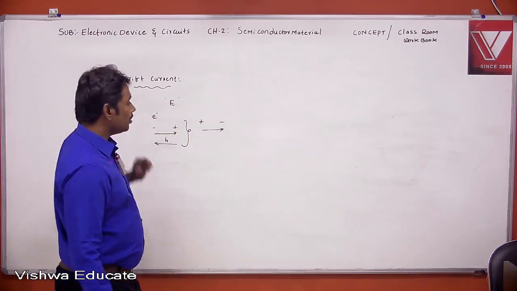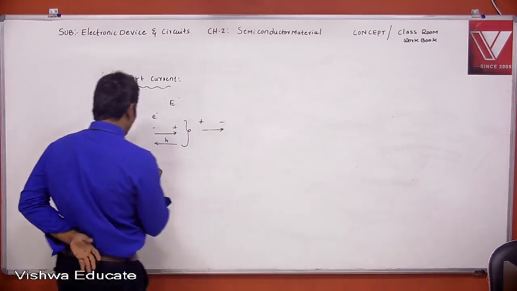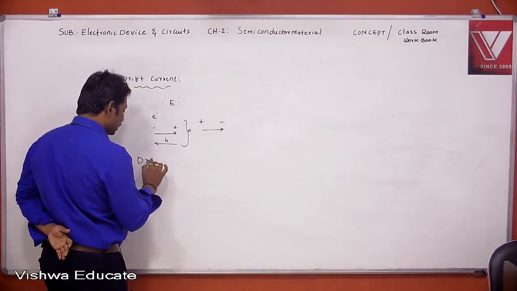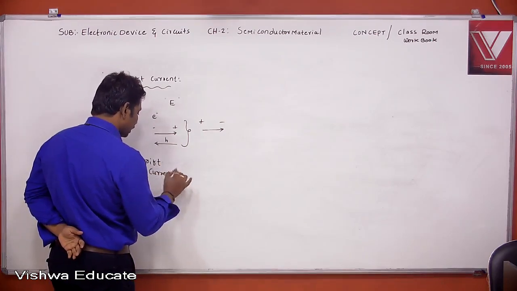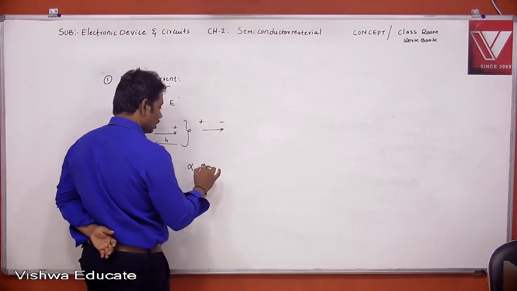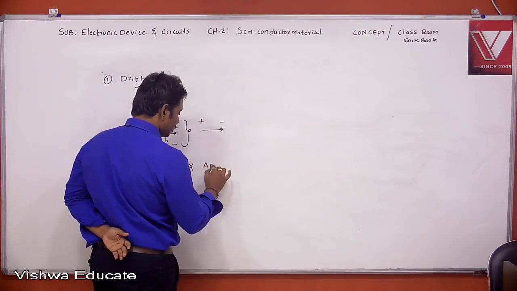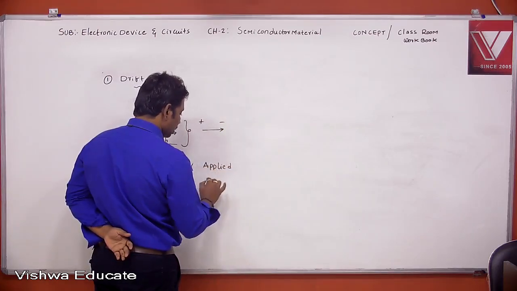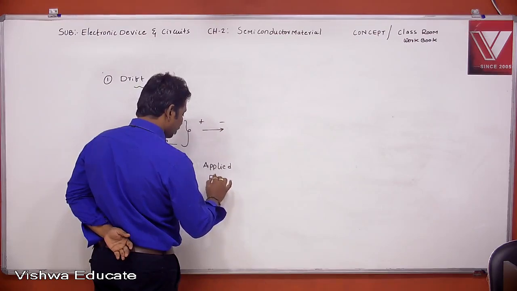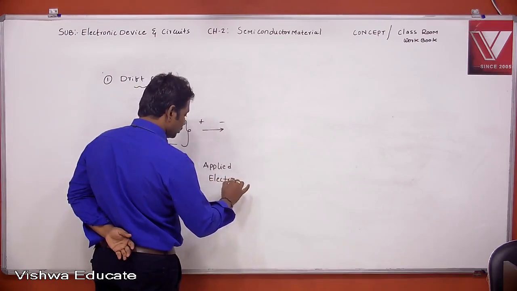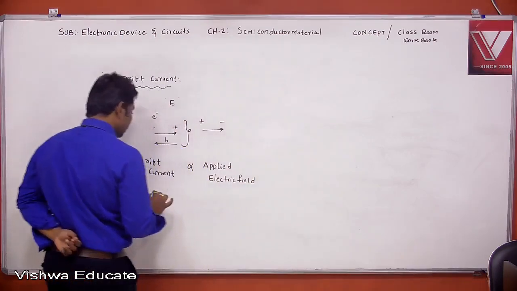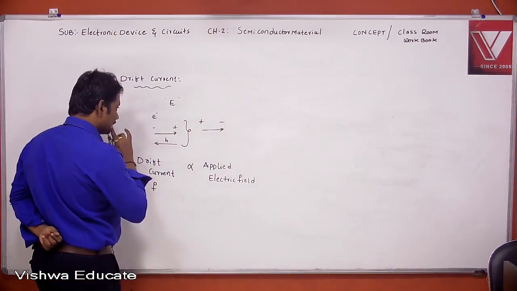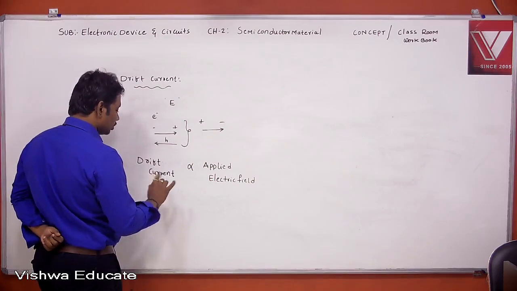That means the drift current depends on what actually? The drift current depends on applied electric field. In case of semiconductor, the current is due to two types of charge carriers.